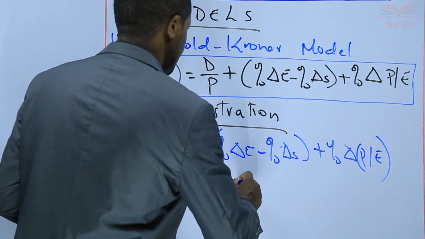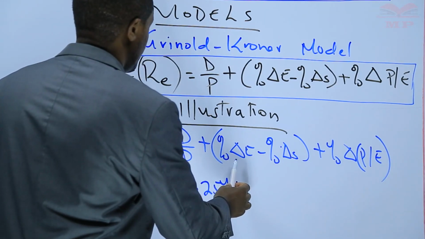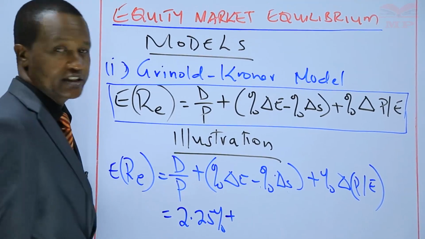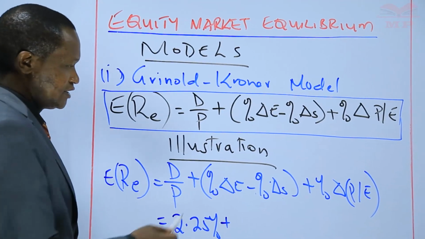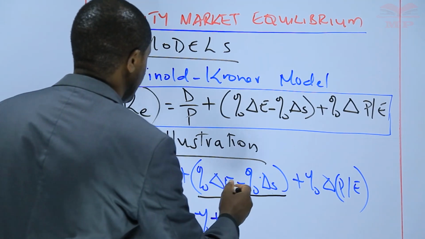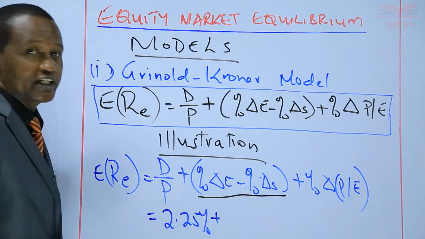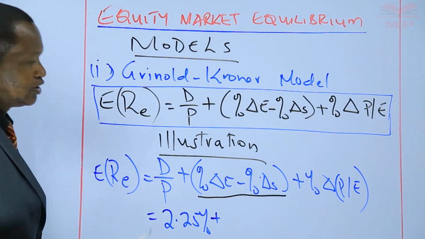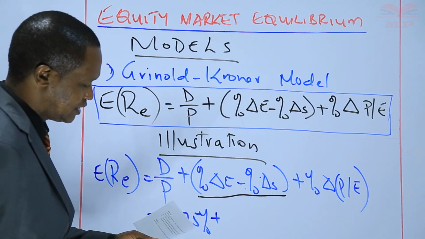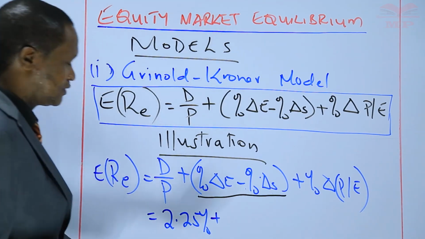Then we need to add the difference, candidates, between the expected change in total earnings and the expected change in outstanding shares. And this difference within this parenthesis is simply the growth rate in earnings per share. The difference between these two gives us the growth rate of the earnings per share. Reading from the illustration, the second note, we read that a long-term corporate earnings growth rate per share is 6%.